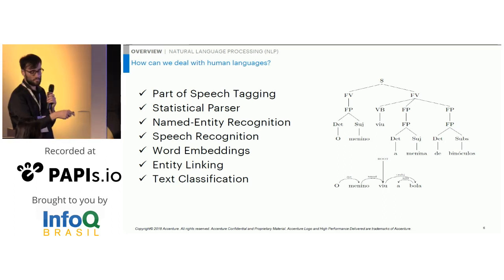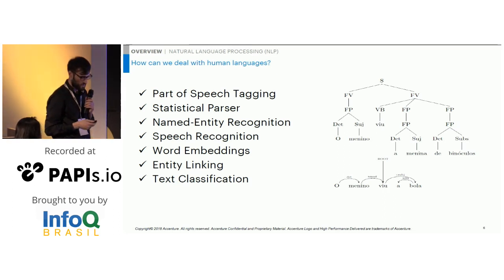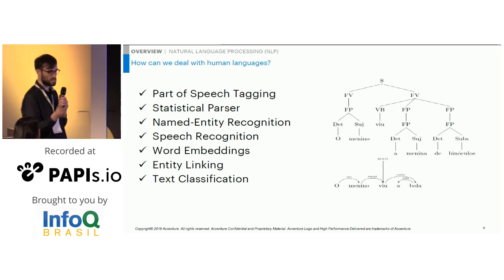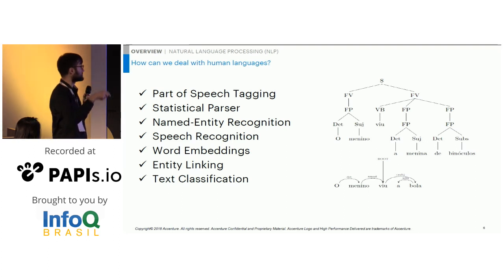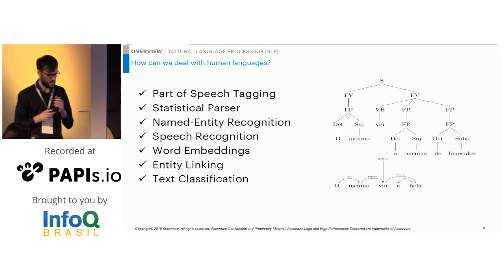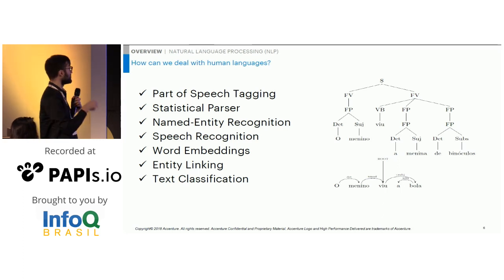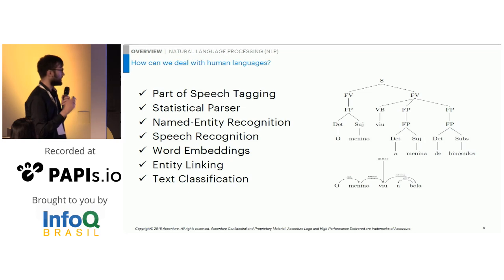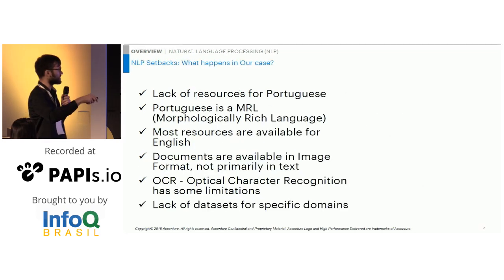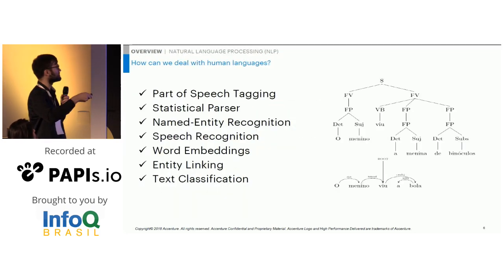So why is parts of speech tagging important? To extract relevant features, linguistic deep features from texts and everything. Something very important is statistical parsing. Parsing is probably the most important task in natural language understanding because you can construct these compositionalities here.